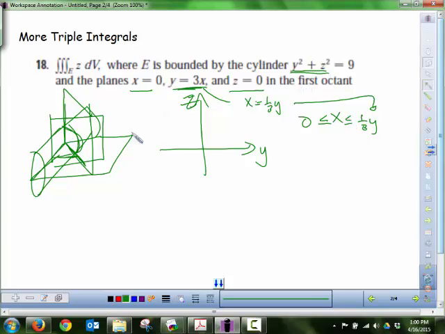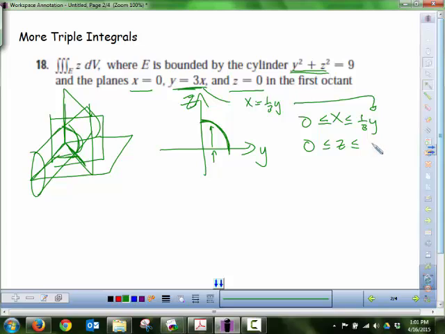This is happening in the first octant, so I want x, y, and z to all be positive. If I draw the cylinder, I'm only going to need a piece of that cylinder over here. From here, I can decide whether to integrate with respect to y first or z first. Let's integrate with respect to z first, where z goes from 0 to this piece of the circle obtained from the cylinder.